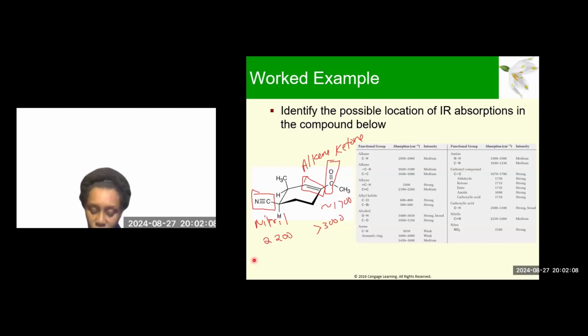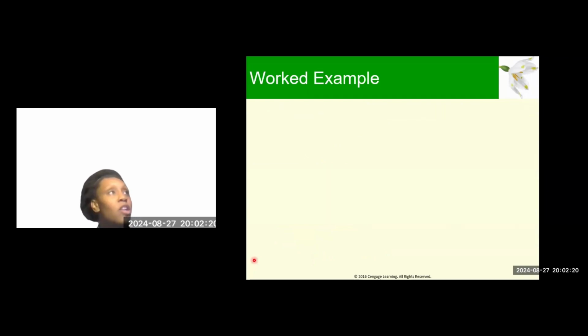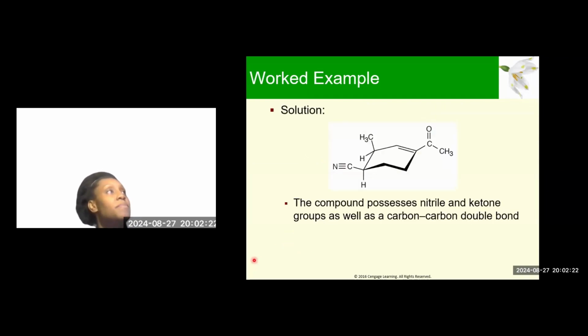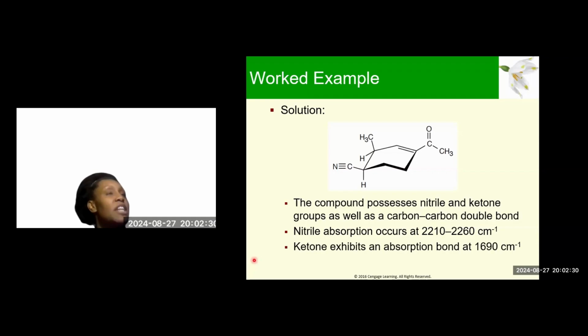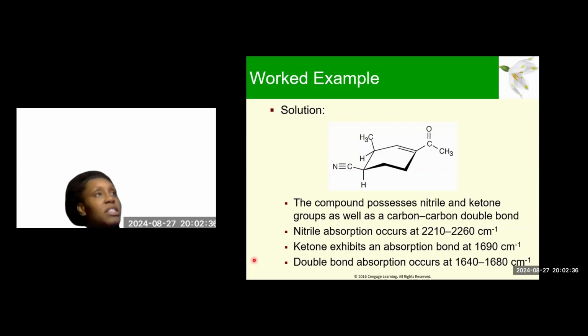Now you also have some sp3 CH stretching because of the alkane present. So you're going to also have peaks just below 3000 as well. So let's look at the summary of all of that. You have, again, a nitrile group and a ketone group, as well as a carbon-carbon double bond. So nitriles, ketones, and then the double bond. And again, I mentioned the sp3 CH stretching as well.